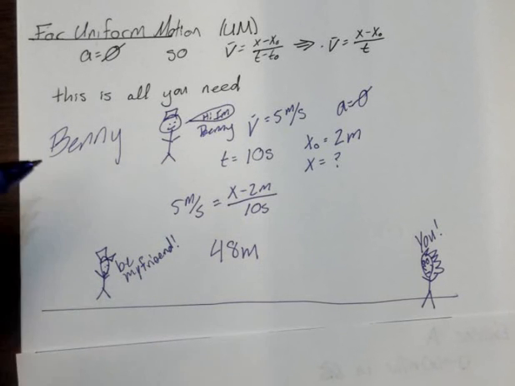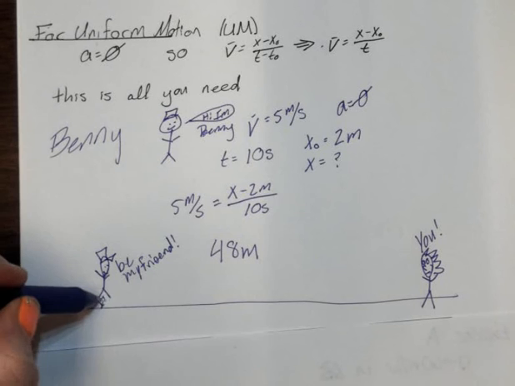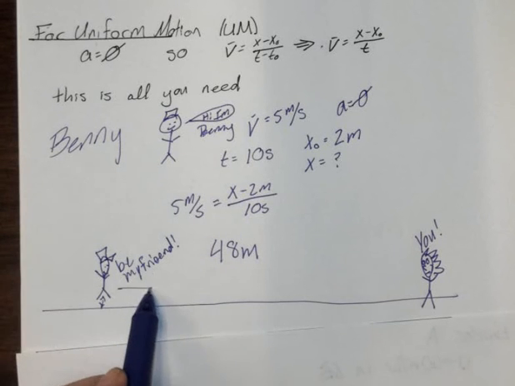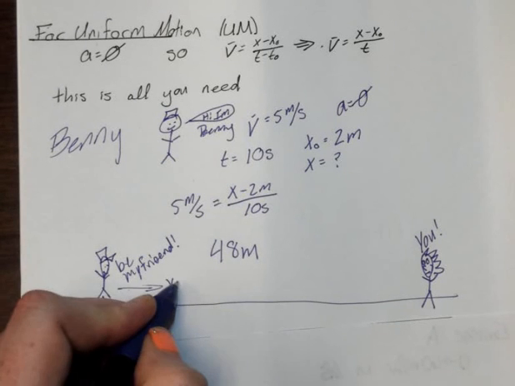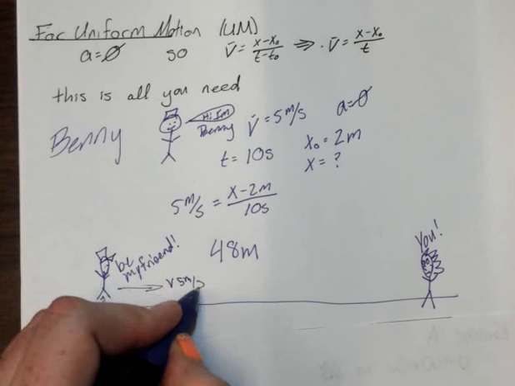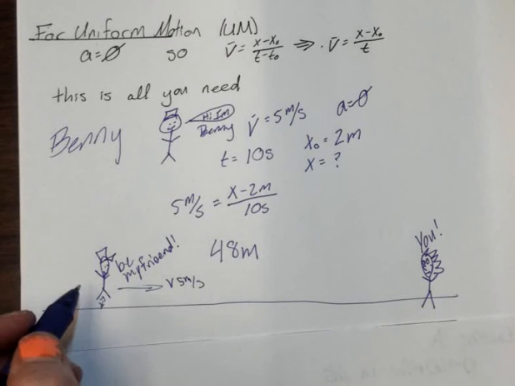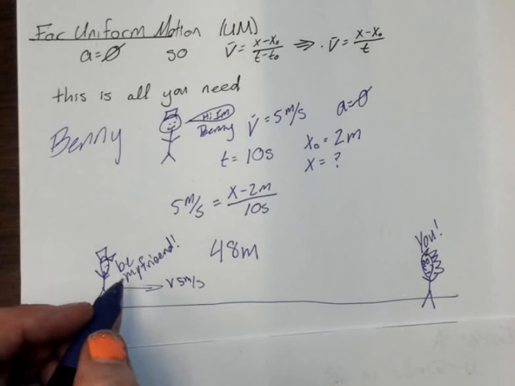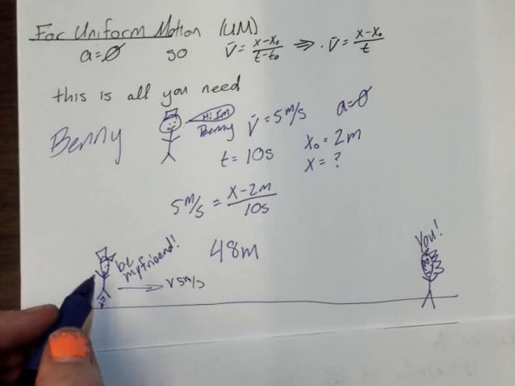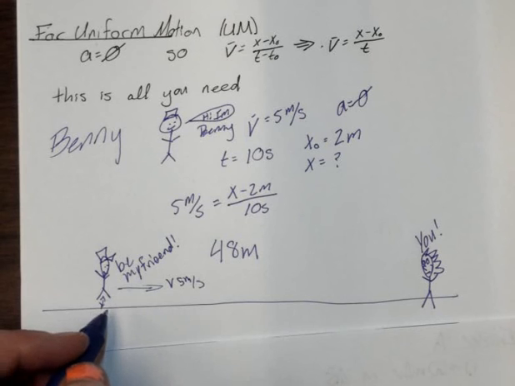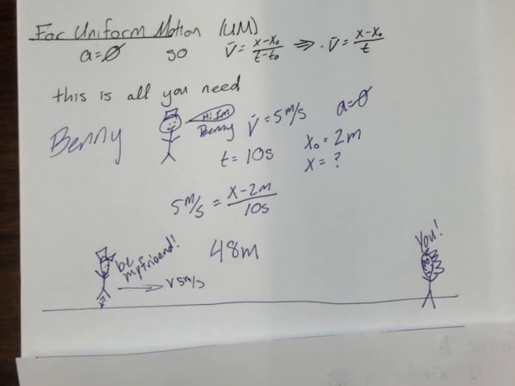And he's levitating. He's off the ground, but he's traveling with a constant velocity in that direction of 5 meters per second. So if you're in a classroom with Benny, it will take him less than 6 minutes to make his way over to you. So make sure that you can run faster than Benny.